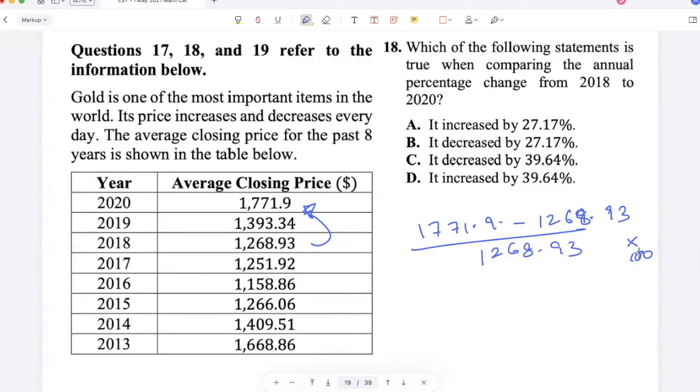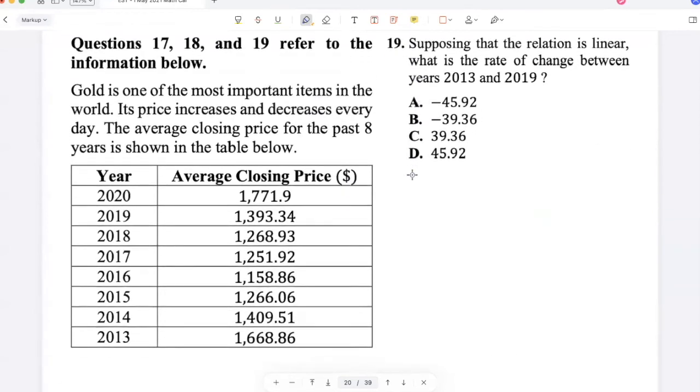So 1771.9 minus 1268.93, that divided by 1268.93. So that's 39.63%. It increased by 39.64%.